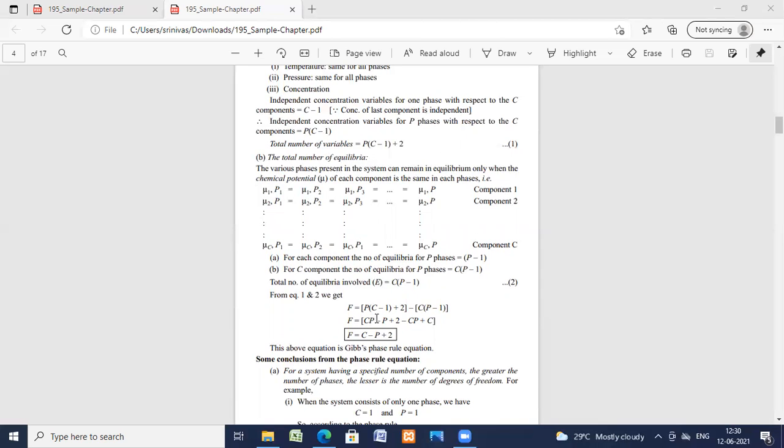So F is equal to PC minus P plus 2 minus CP plus C. The PC terms cancel, and you get F is equal to C minus P plus 2. This is the Gibbs phase rule equation. So you get the total derivation of the formula.